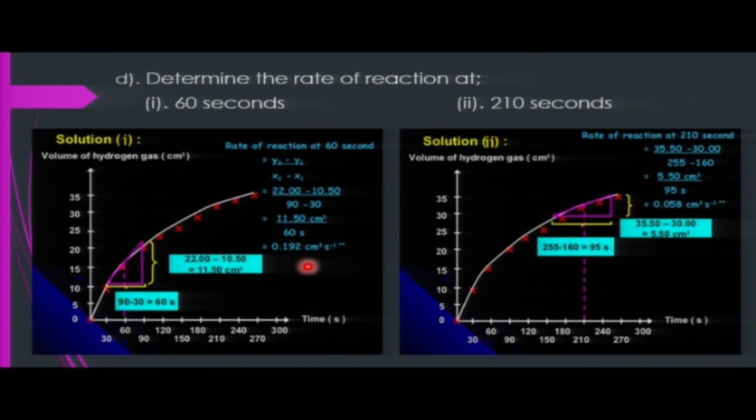So it is 0.192, and at 210, the same calculation gives us 0.058. This is the value. You see the working. The working is highlighted. Let me not take much more time there. So that is how you quickly look at the instantaneous rate of a reaction.